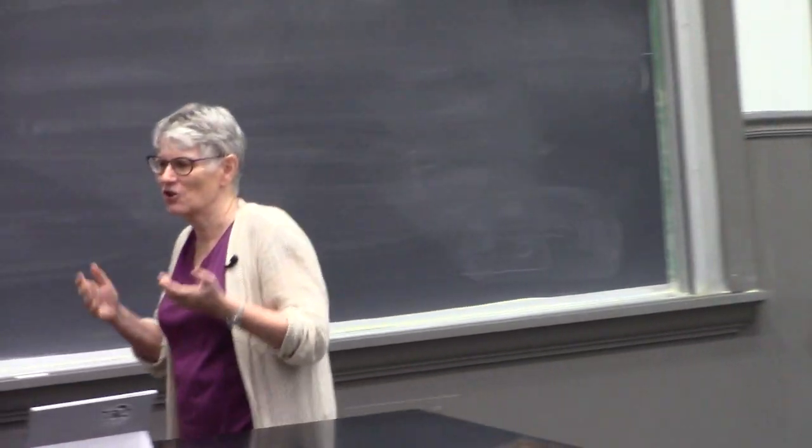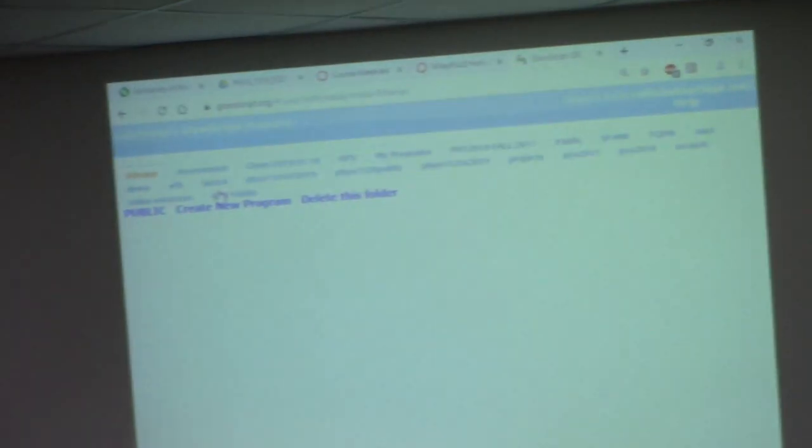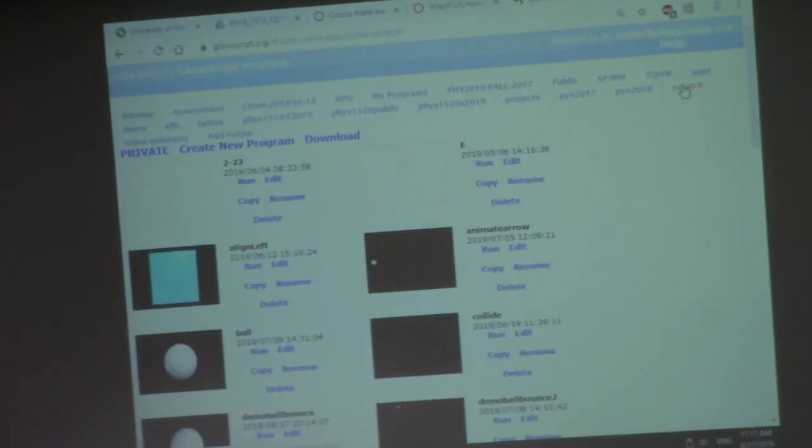I'd just like to show you a little bit of what this might be like. So I'm going to go to a website called glowscript.org. And it wants me to sign in.